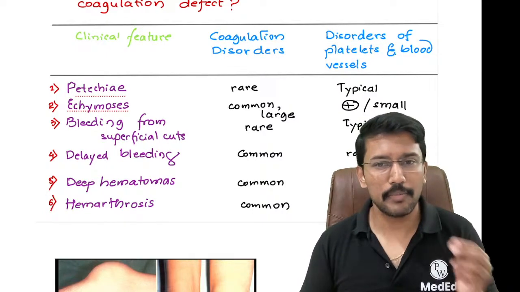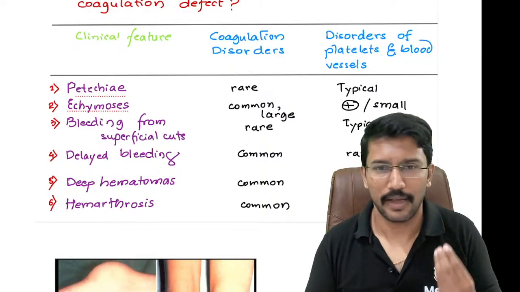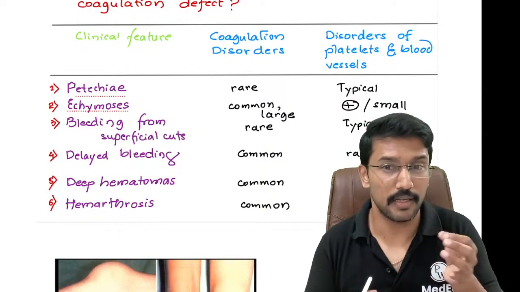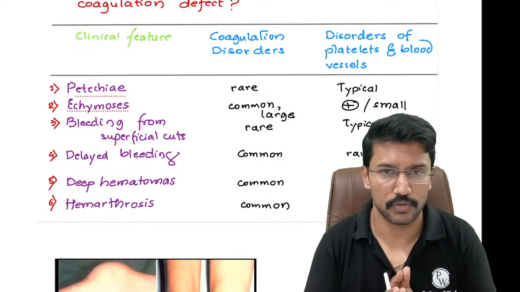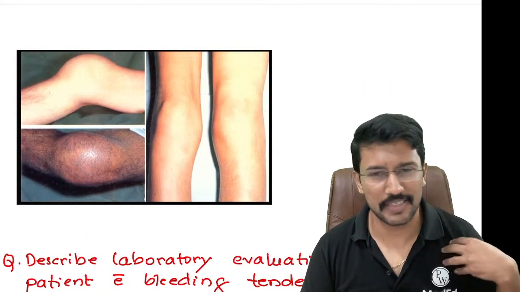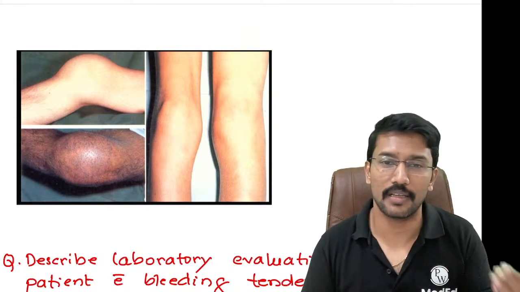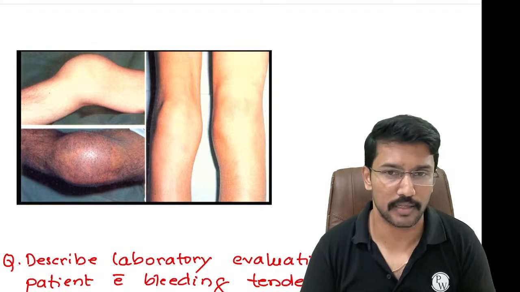So hemarthrosis, as the name says, hem refers to blood and arthrosis refers to joints. Bleeding into the joints is what we call hemarthrosis. Now looking at this image, what do you think? If I see this patient, should I think of platelet dysfunction or a coagulation cascade abnormality?